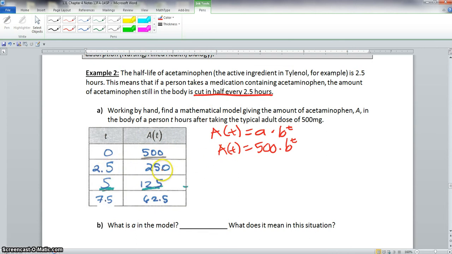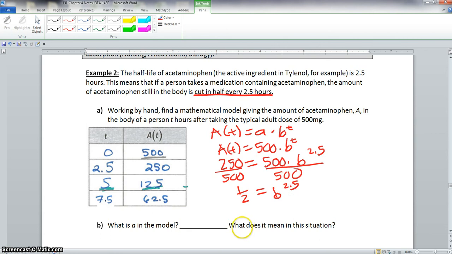So we have our T and our A of T. Our A of T would be 250. Remember, we're solving for B. 250 is equal to 500 times B to the 2.5 power. First of all, let's divide each side by 500. So 250 divided by 500 is 1/2, and it equals B to the 2.5 power.